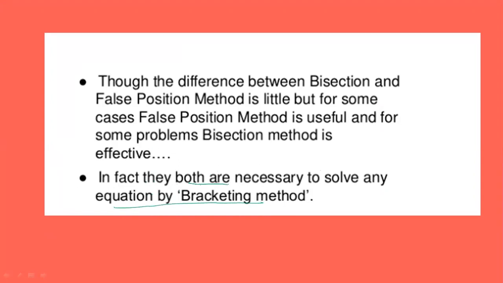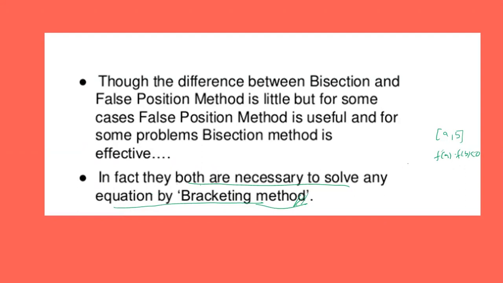So both the bisection method and the regular false method are bracketing methods. In both cases, you have to choose the interval such that f of a into f of b is less than 0. That is what he is explaining here. So this is about the regular false method. First you should know the difference between the regular false method and the secant method, because procedure-wise both are the same.